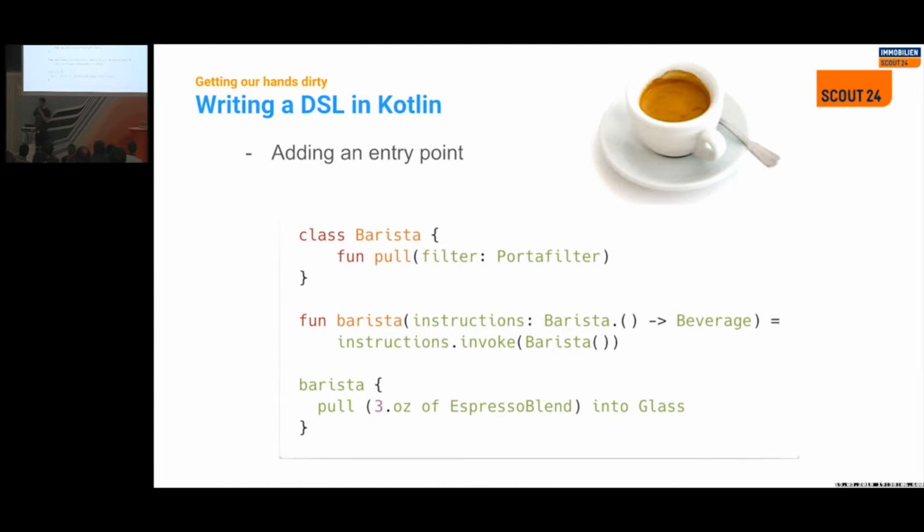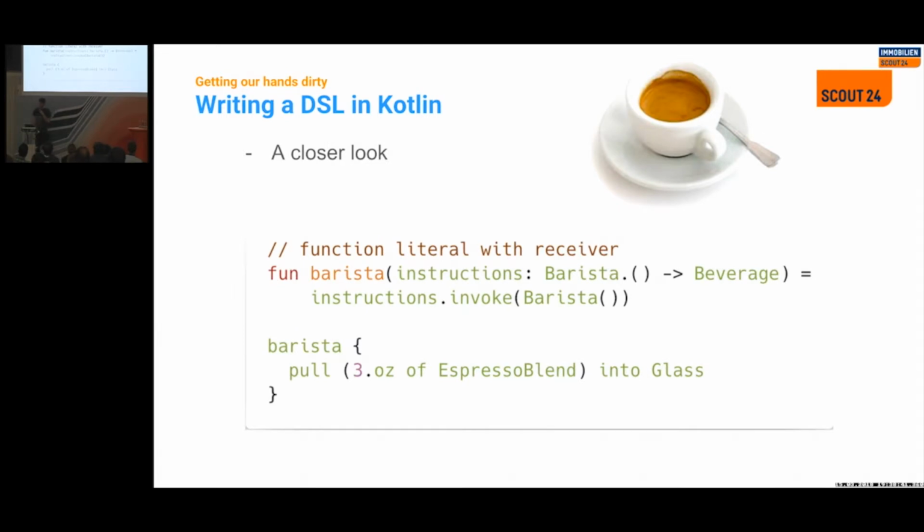In our case, it would be an object of Barista, which will hold all the functions we just defined, and will execute the given instructions on this object. This gives us a neat little entry point with a barista function, which takes a block, and inside of that block, you're in our domain-specific language, and you can use the keywords or the functions like pull, to pull espresso out of the machine.